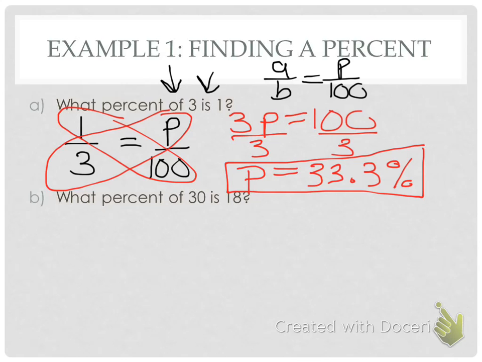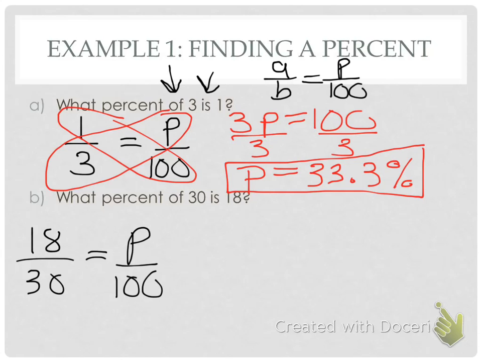All right, so let's work through this. Let's set up the proportion. I have is over of, A over B. 18 over 30 equals, I don't know my percent, over 100. It's always over 100. Did you get that much? Did you set up your proportion correctly?